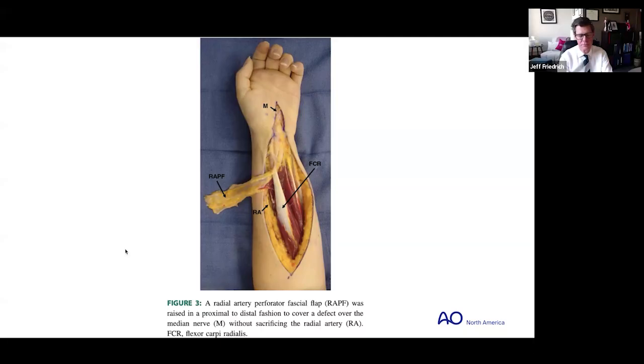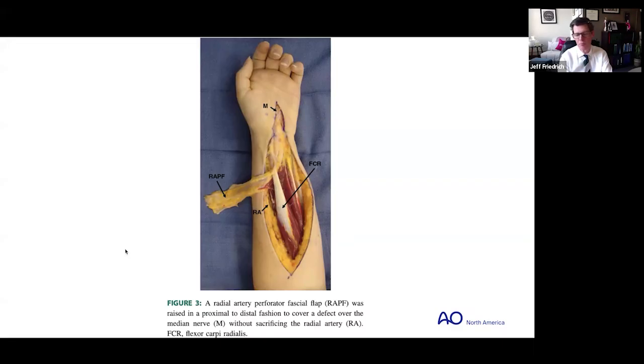And tunneling, I think tunneling is a complex topic. I think it depends upon whether you're doing this for soft tissue coverage for somebody who's got, I don't know, a tumor or something, where they have no swelling and there's no associated trauma.